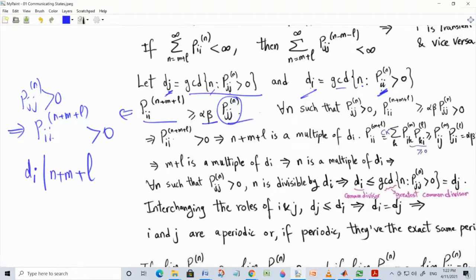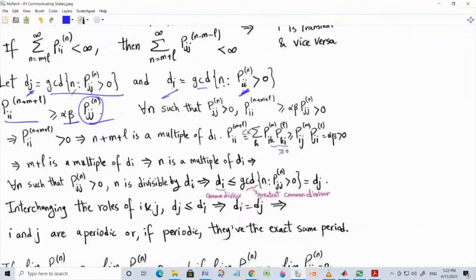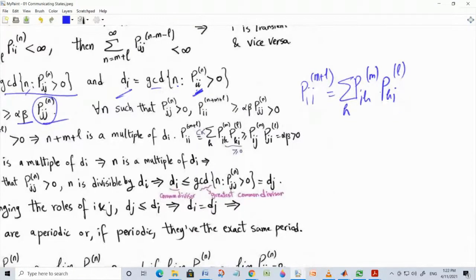Now let's do another quick use of the Chapman-Kolmogorov equations. So p_ii of m plus l is equal to a sum over state k: you go from i to k in m steps, and then from k to i in l steps. Again, this is a sum of non-negative terms, and so it is lower bounded by one of the terms. Choose k equal to j, and those are alpha and beta, which are greater than 0.